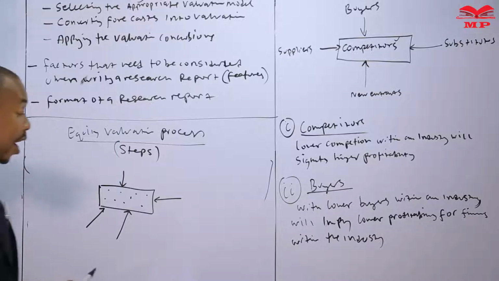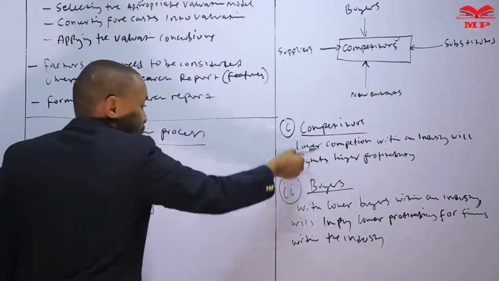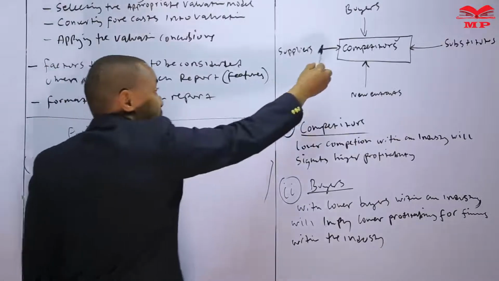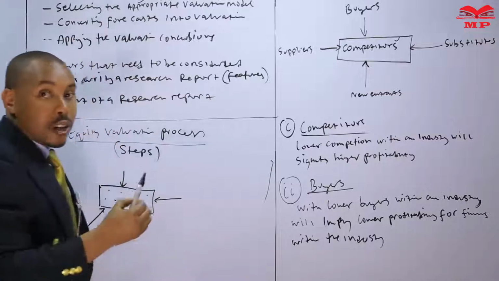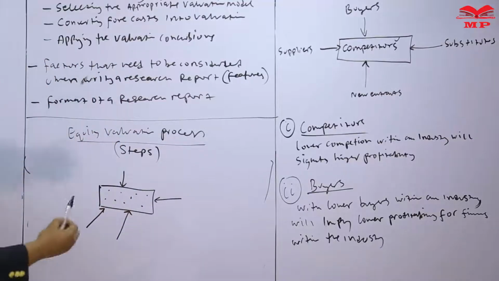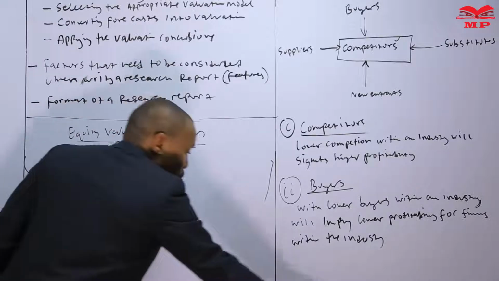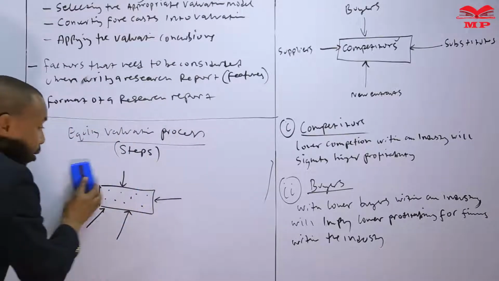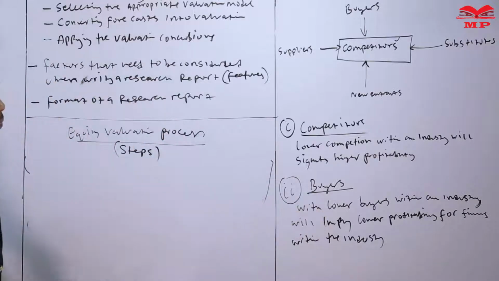And that is why Michael Porter emphasized these 5 forces. We've already explained 2 of them, but these 5 forces, competitors, buyers, suppliers, new entrants, and substitutes, if they're considered and evaluated properly, can contribute towards inherent profitability for firms. So that is for buyers.